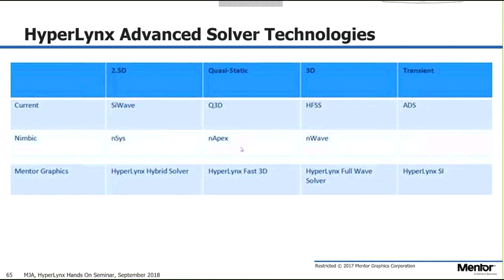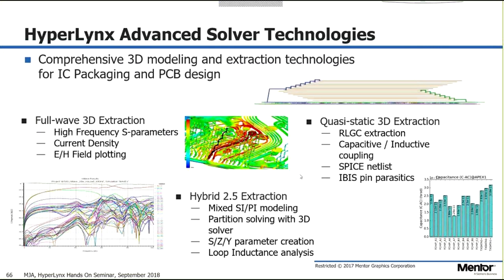We purchased that company, the previous names, and we've renamed those and integrated them more with the HyperLynx flow. So again, it's a real good way to get highly accurate models, S-parameter models. You can get current density plots and so forth of portions of the design or the entire design if you really want to.